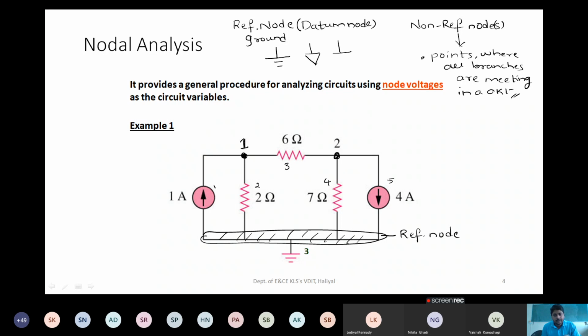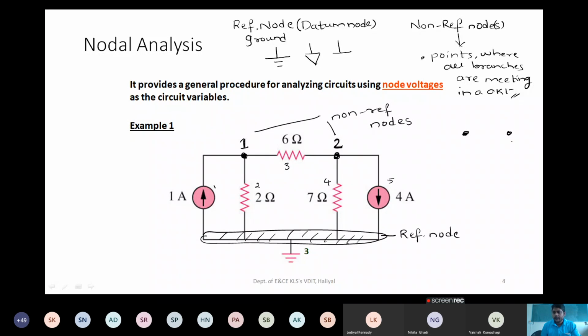And here the same condition, this I can call point number 2. So these 1 and 2 are referred to as non-reference nodes. So if I want to measure the voltage from this point, I require another point. To measure the potential difference, we require 2 points.